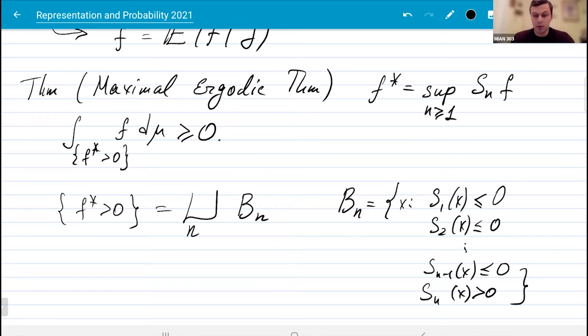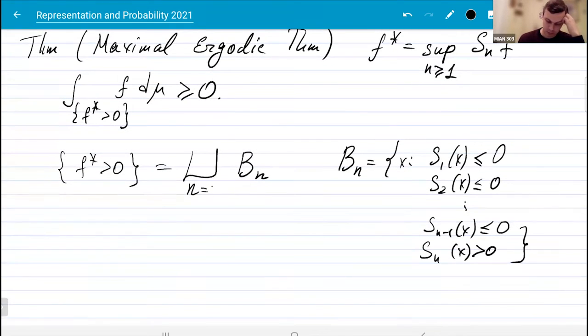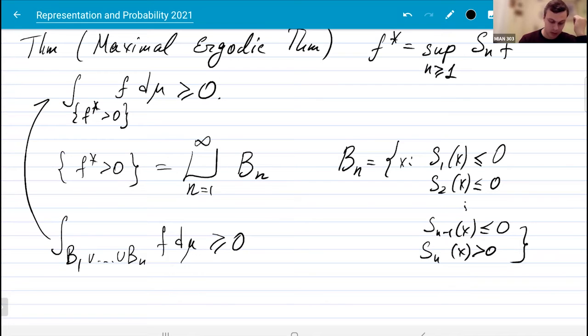So I want to show that the integral over the union of the first n of this is again non-negative. Then this is clear.